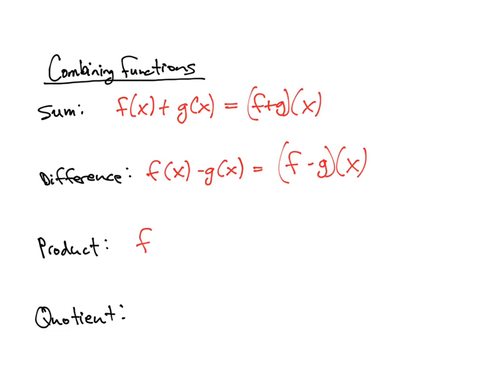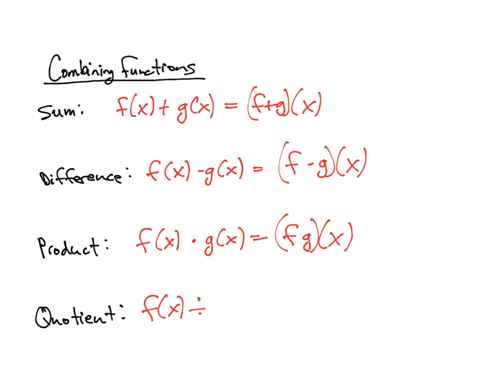For the product, f of x times g of x, we'll see that as fg of x, and for a quotient, f of x divided by g of x, we'll see that as f over g of x.